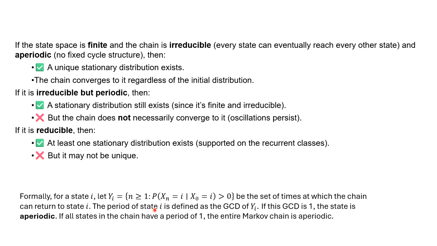The period of the state i is defined as the GCD of all these possible times at which you could return back to the given state. If the GCD is 1, the state is classified as being aperiodic. If all the states in a Markov chain have period 1, then the entire Markov chain is classified as being aperiodic.